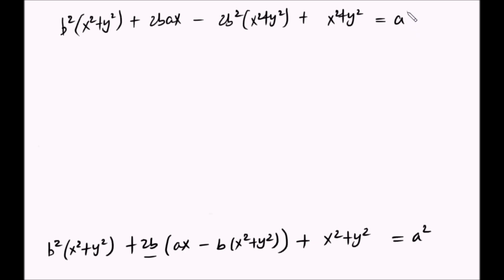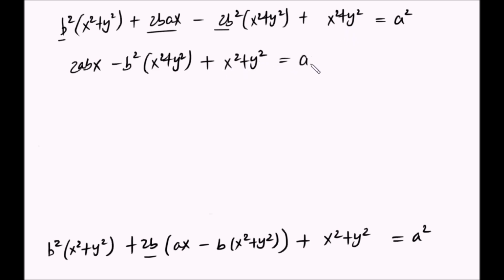Huku mwisho tunabaki tuna a squared. So hii b squared minus 2b squared. Okay, ona hii ni 2abx. b squared minus 2b squared inabaki negative b squared. So it's x squared plus y squared. Don't forget huyu. Another x squared plus y squared is equal to a squared.